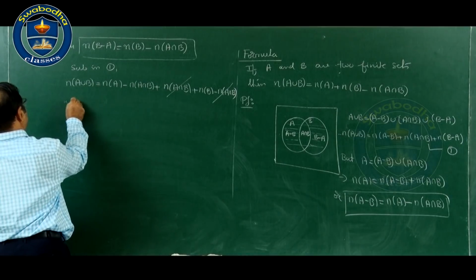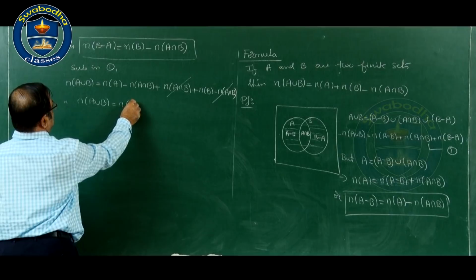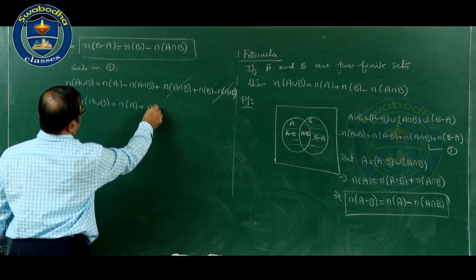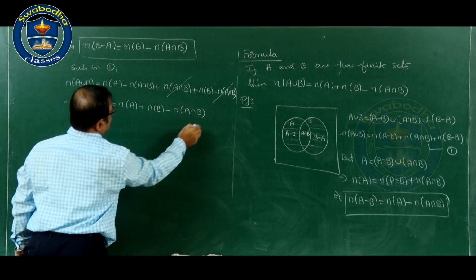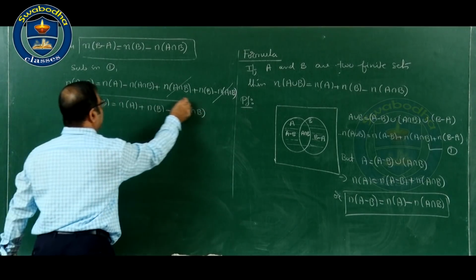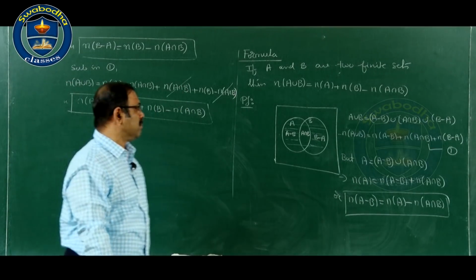That is, n of A union B is equal to n of A plus n of B minus n of A intersection B. So this is a very important formula.